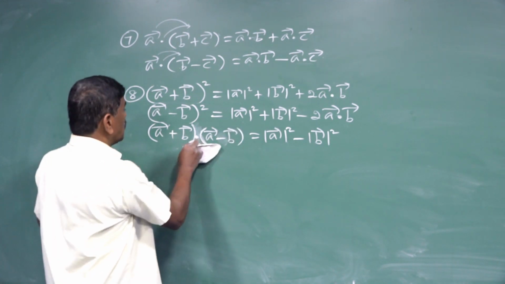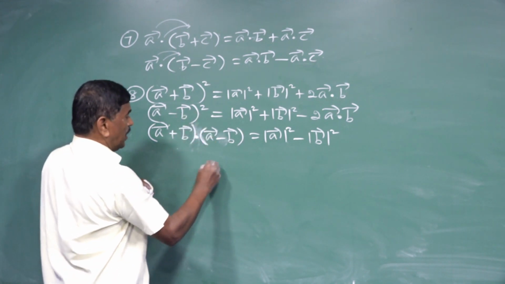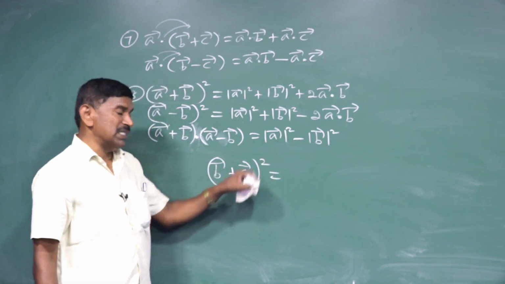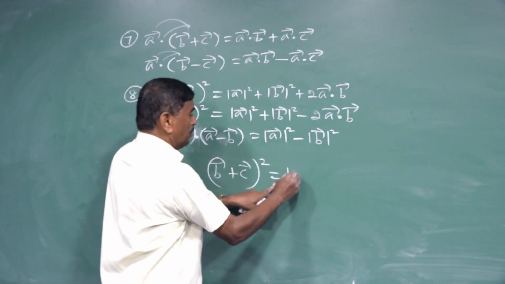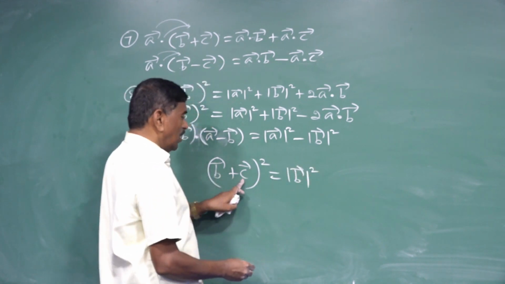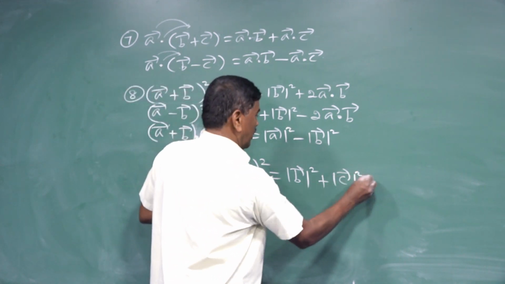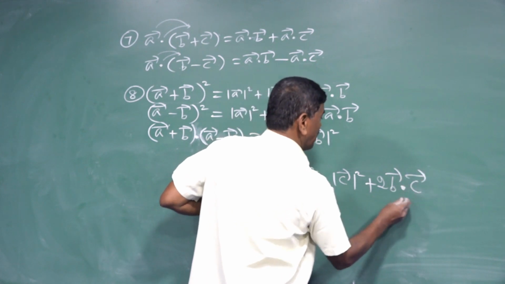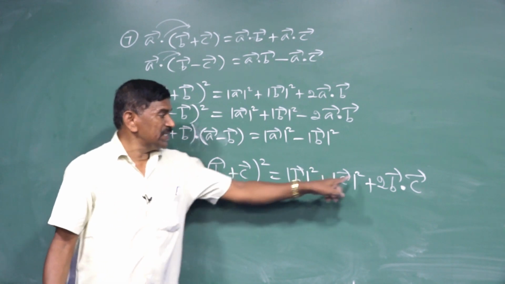Now can you tell me, suppose I change the letters, for example, B vector plus C vector the whole square. Anyone? Very good. First one B vector, so modulus B vector square. Next plus, second is C vector, so modulus C vector square plus 2 B vector dot C vector. That is important. Suppose here minus, then here minus.